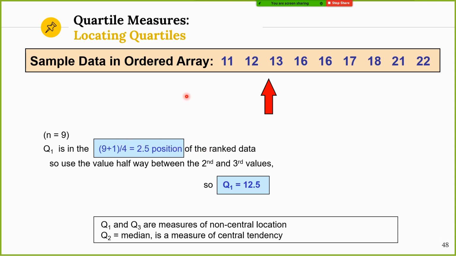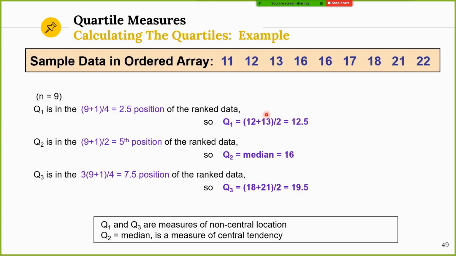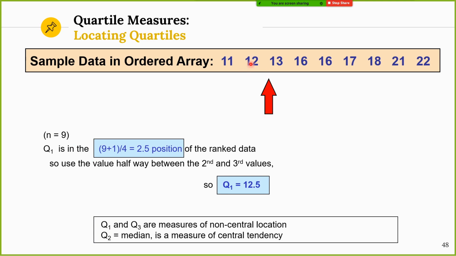The position of Q1 is 1, 2, and 2.5 is in the middle position, so you need the value between 12 and 13. We just use the value halfway between the second and third values. So you just average 12 and 13: 12 plus 13 divided by 2. We have Q1 is 12.5. Okay.